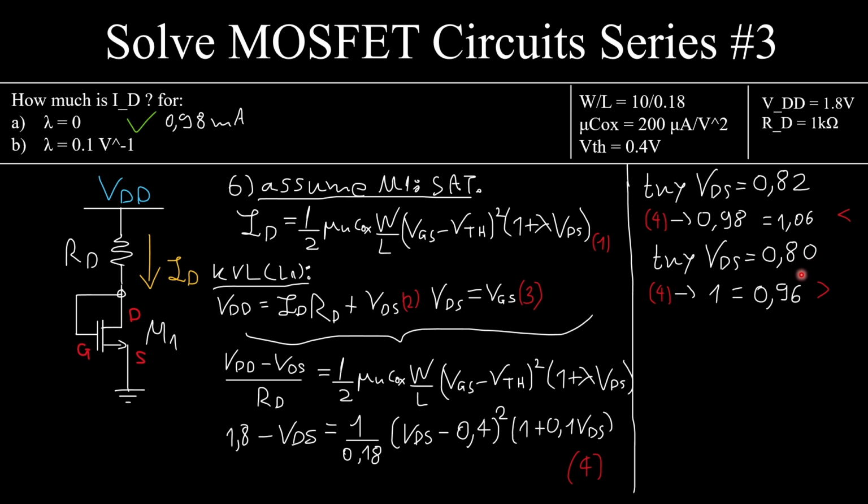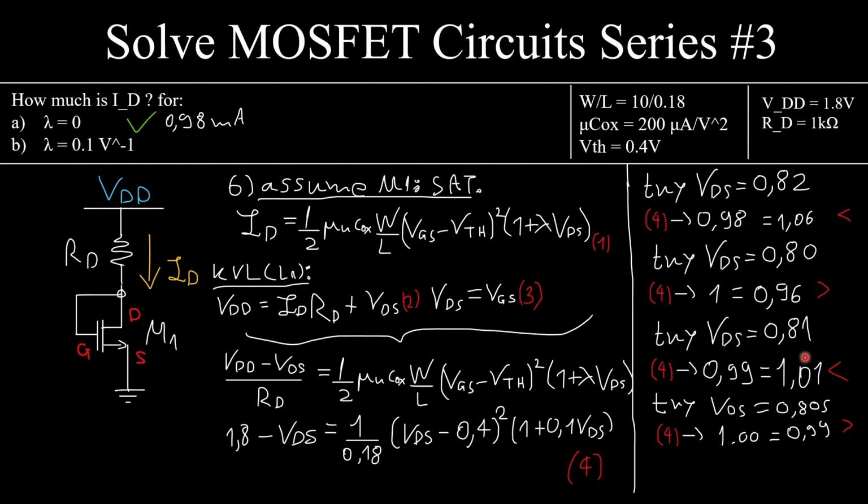All right, now I test a value between these two. I test this value, 0.81. How much is the left side? 0.99. How much the right side? 1.01. It is smaller, which means the solution will be between 0.81 and 0.8.